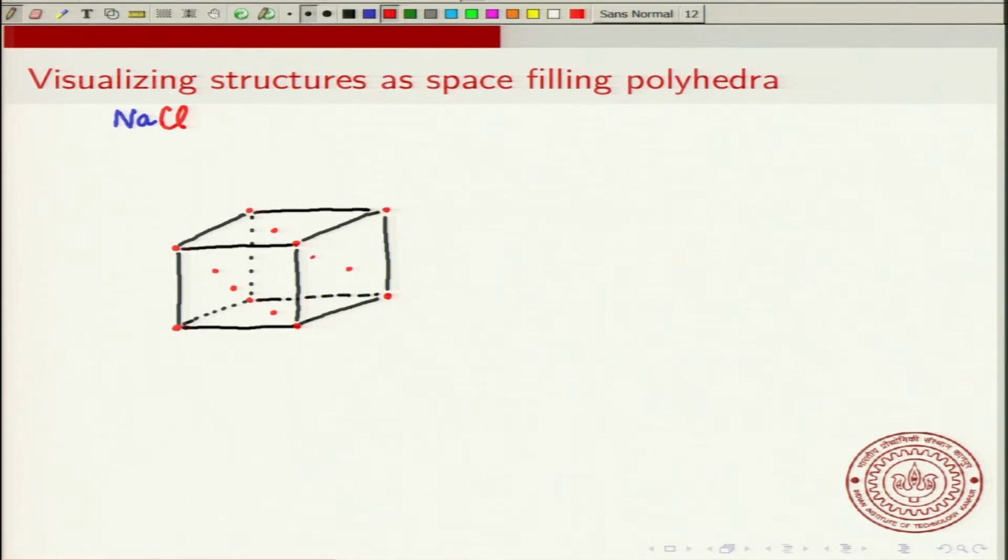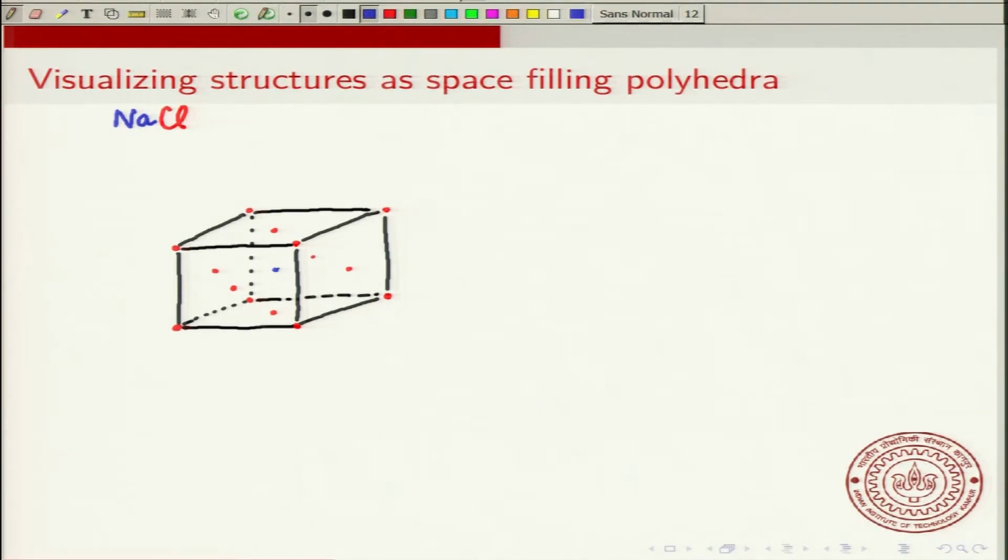Now the sodium ions are going to occupy the octahedral voids. Let me show the one octahedral void in the center first. At the center of the crystal there is an octahedral void where the sodium ion is enclosed. I will start with this void and then I will go to the other voids, other sodium atoms.